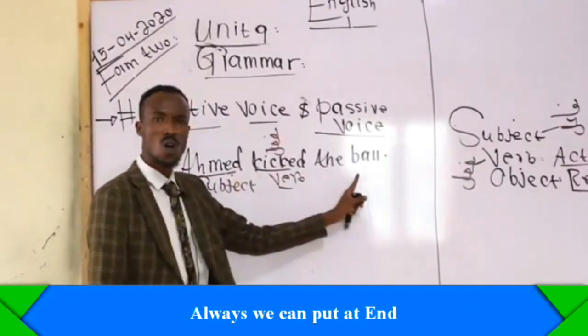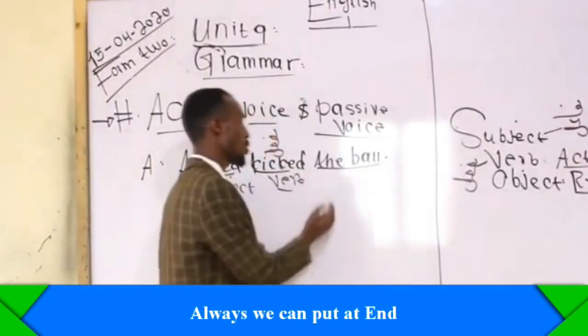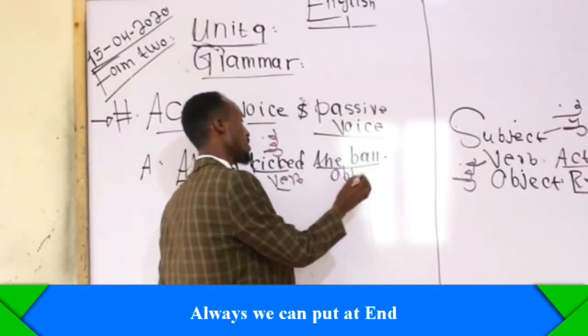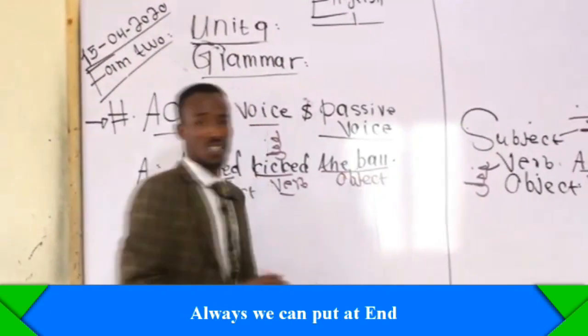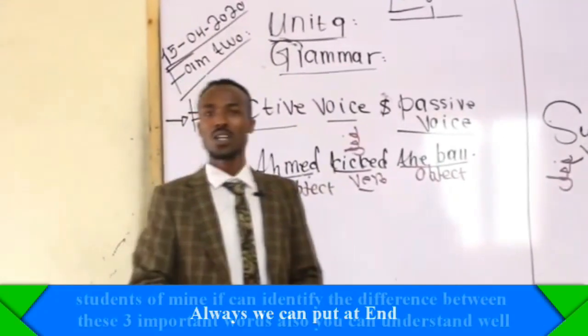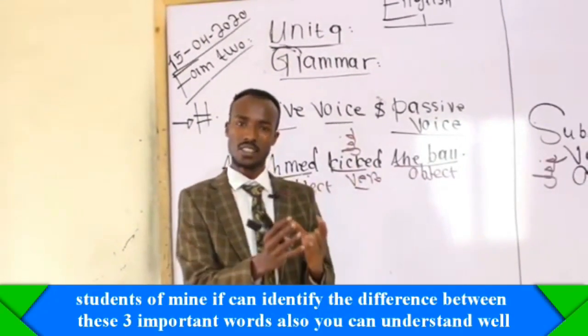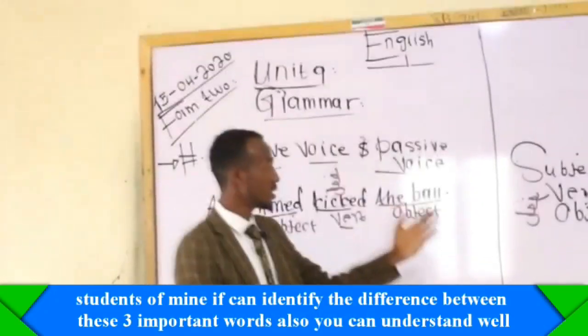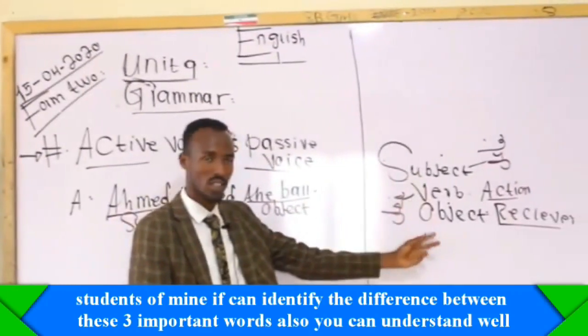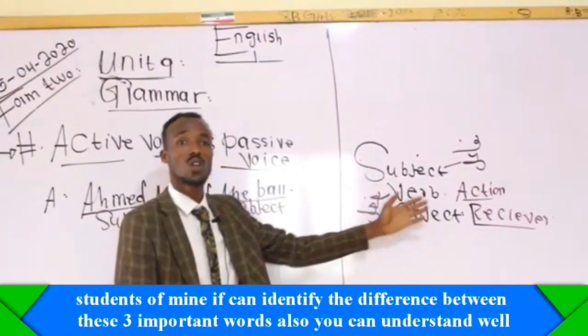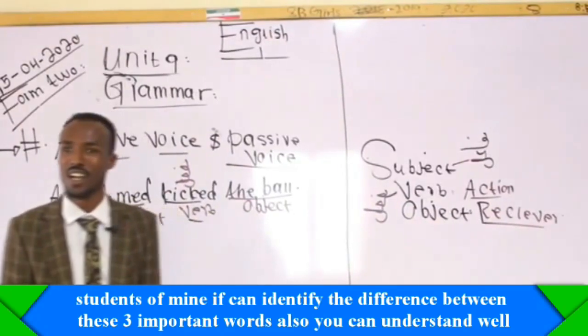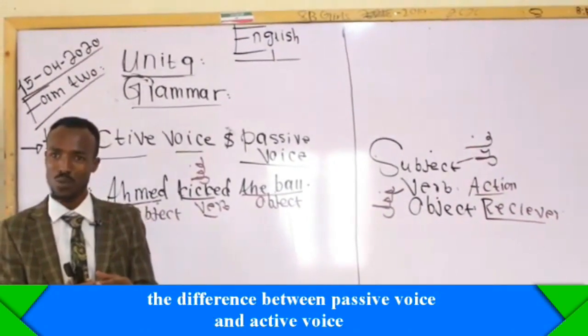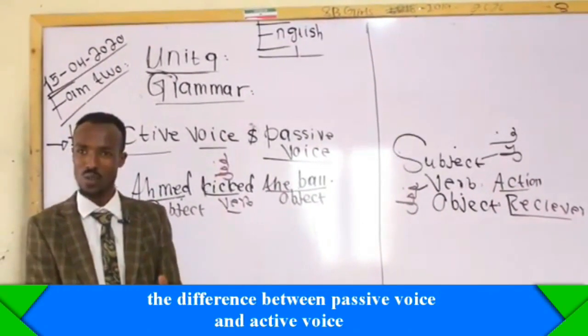Ahmed kicked the ball. This ball we call the object. Students of mine, if you can identify the difference between these three important words, subject, verb, and object, you can also understand well the difference between passive voice and active voice.